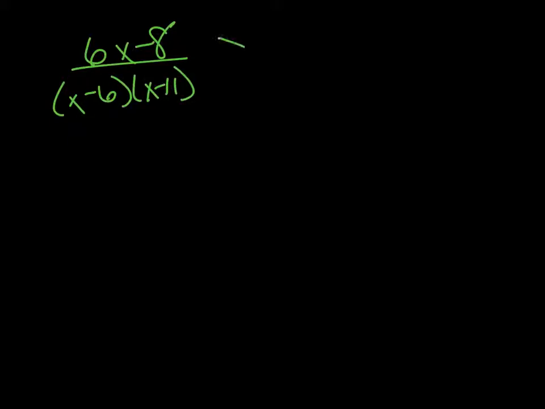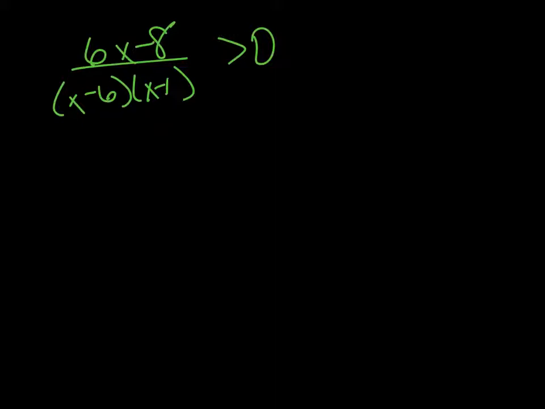From the last screen, we got 6x minus 8 over x minus 6, x plus 1, greater than 0.